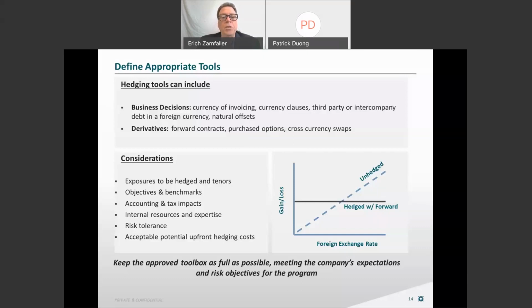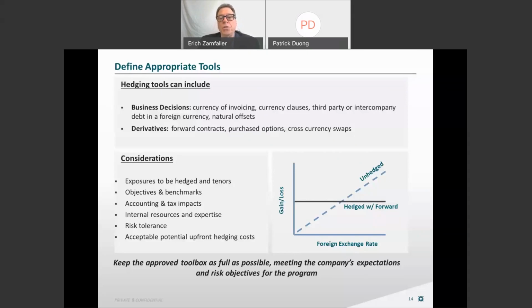The benefit of the forward contract is a locked-in rate, mitigating any exchange rate volatility, positive or negative. The graph on the lower right of the slide illustrates the impact of using a forward contract. The unhedged exposure is the dotted line and experiences both gains and losses depending upon the exchange rate. The forward contract, the solid line, fixes the value against any exchange rate changes.